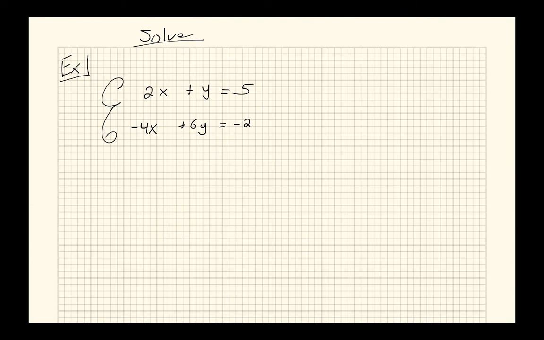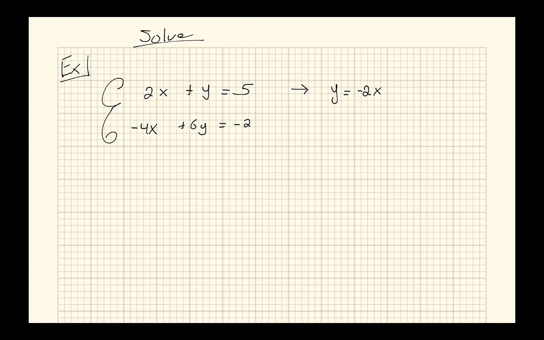So let's start with substitution first. If I want to solve a system of equations by substitution, I need to get one of the variables by itself. I'm looking at this y here because there's no coefficient. So I'm going to rewrite this equation, moving the 2x to the other side, and it gives me y is equal to negative 2x plus 5.